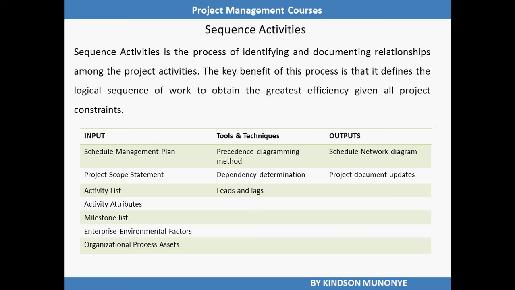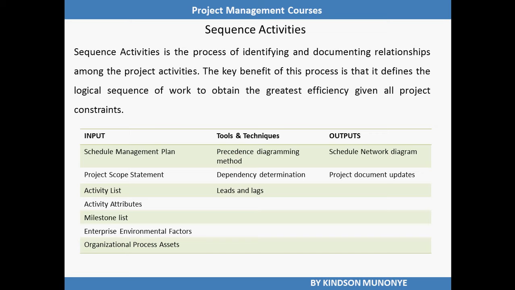Enterprise environmental factors, organizational process assets. We have three tools and techniques for sequence activities, and one of them is precedence diagramming method. The second is dependency determination. And then we have leads and lags. The outputs of sequence activities are schedule network diagram and project document updates.